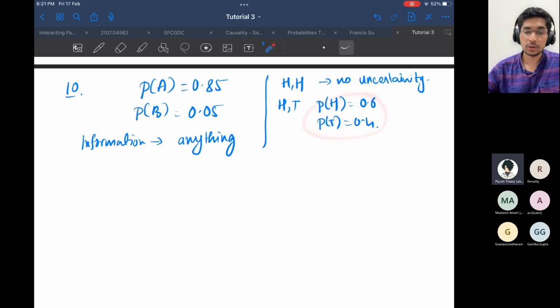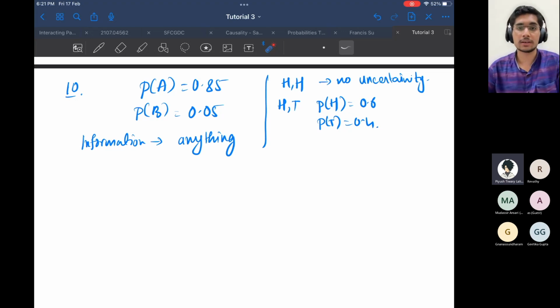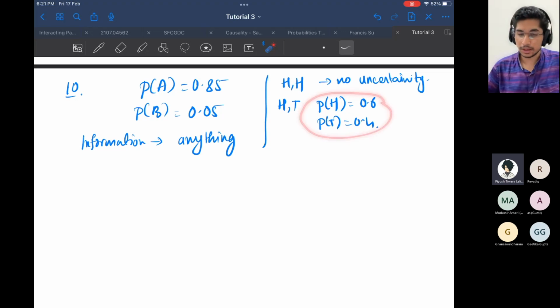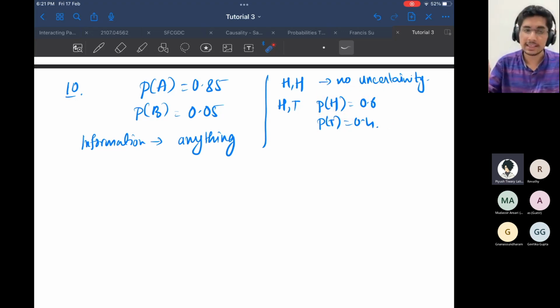However, in this case, you have given me some information, and that information is this probability. Now if I again give you the coin and you toss it, and I have to bet whether it is going to be heads or tails, I cannot have a safe bet anymore. But since the probability of heads is slightly bigger, maybe I will say that heads is what you have got. Why am I saying it is heads? Because you have given me this information that the probabilities are such and such. I hope I am making sense. If not, please tell me.